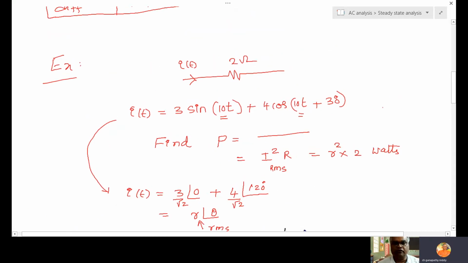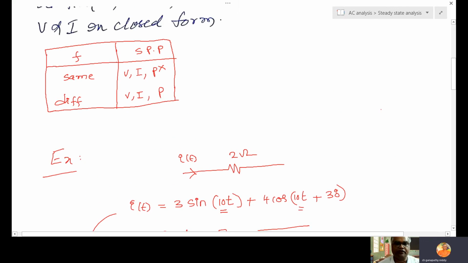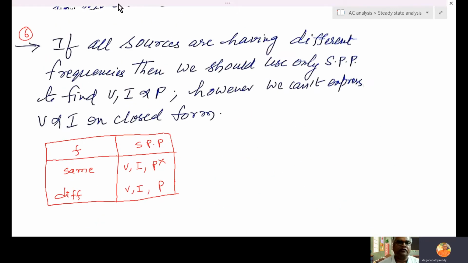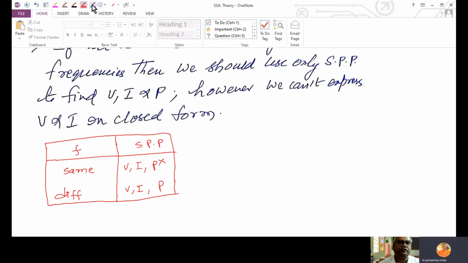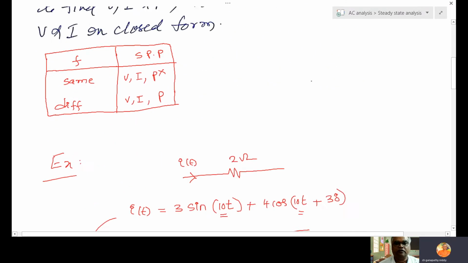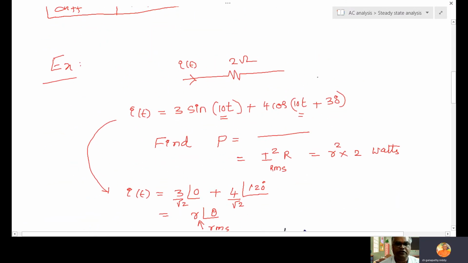Now if frequencies are different, this frequency is 10 and this frequency is 20. So what is I RMS now? When frequencies are different, we use only the square root method.